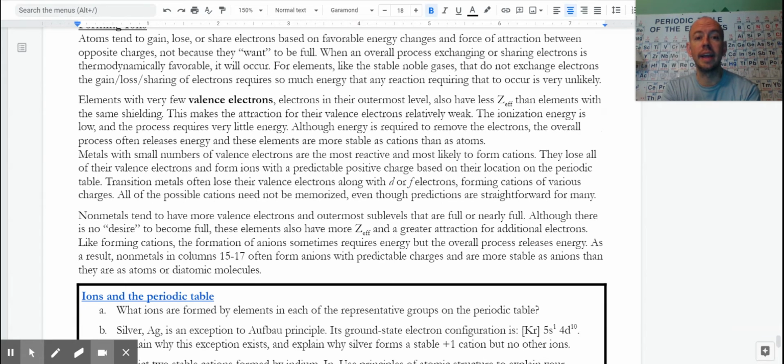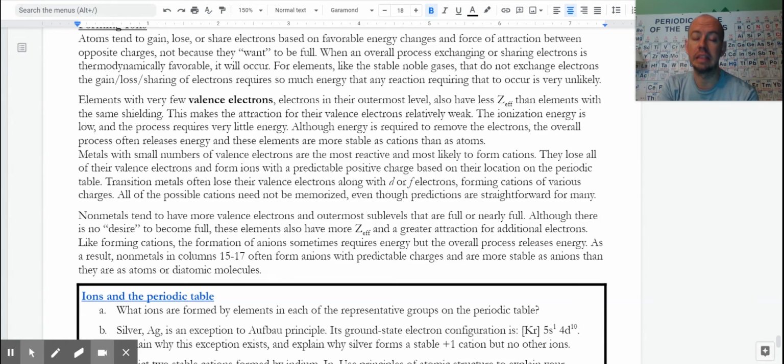So when we're looking at this, we do know that there are patterns. Metals tend to have very few valence electrons. And we've used this phrase, but just to restate it, that's the electrons in the outermost level, and we can count it across the periodic table as 1 through 8. The attraction is very weak. The ionization energy is very low relative to other things.